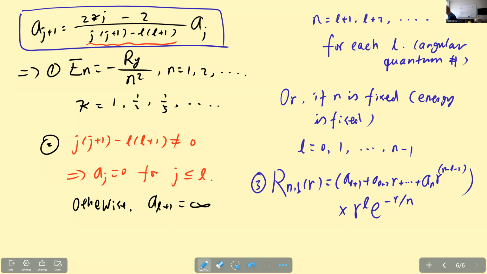Once you fix one coefficient, say A_{L+1} equals 1, all the other terms will be obtained, right? So this gives us the energy, the quantum numbers and all of these wave functions.